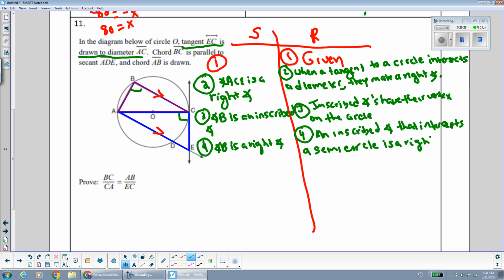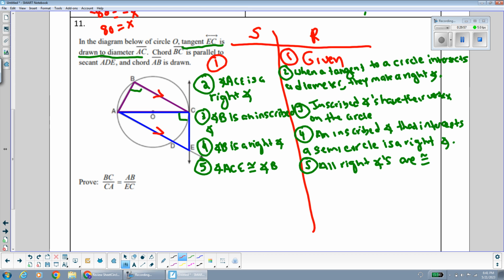Once again, that's because a semicircle or half of a circle is 180 degrees, so the inscribed angle is half of that, which is 90. And now that I know that both of these angles are right angles, I can say that they are congruent to each other. And my reason for that is all right angles are congruent to each other.